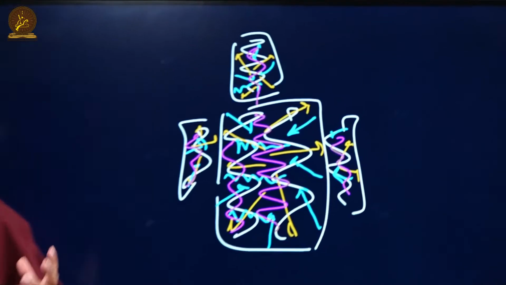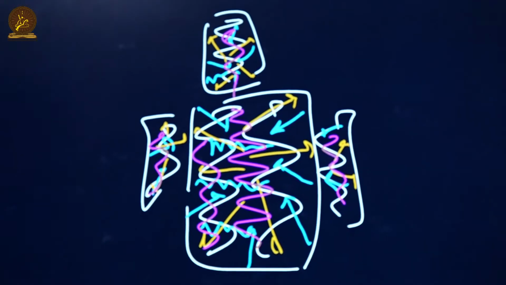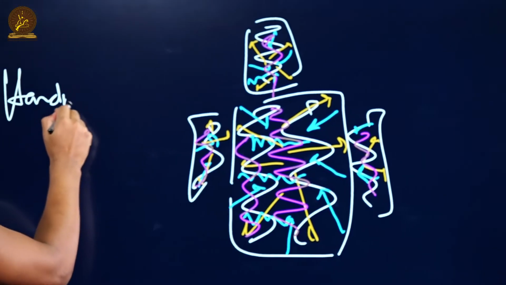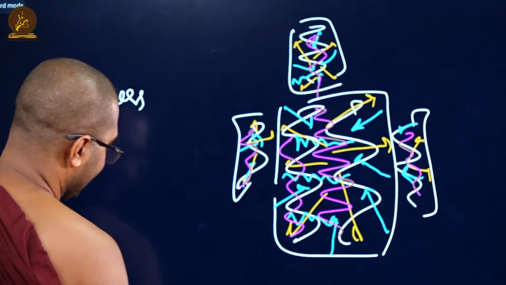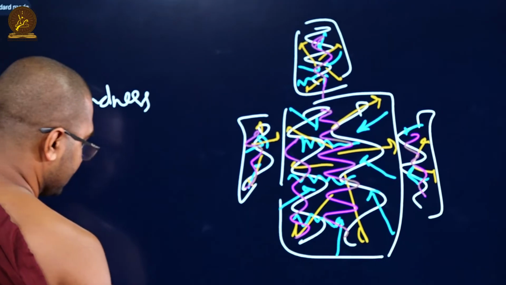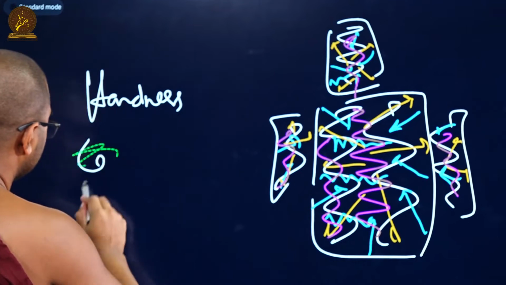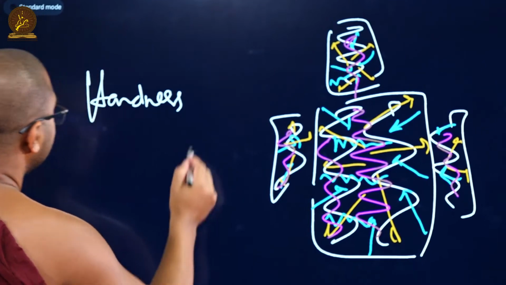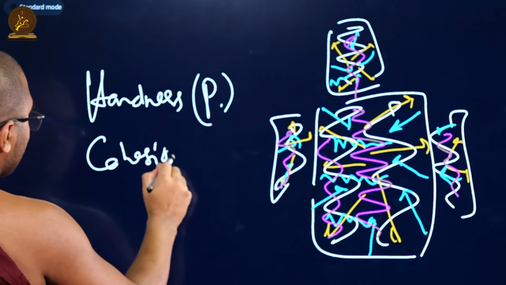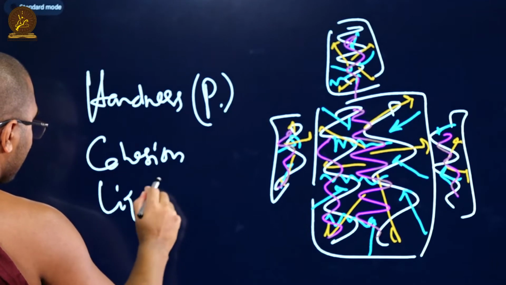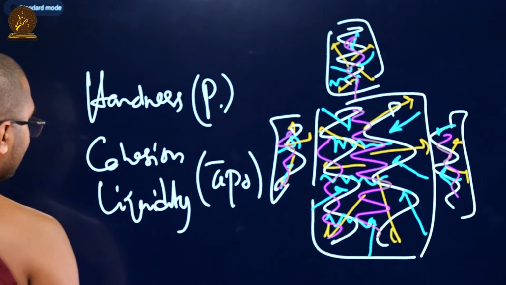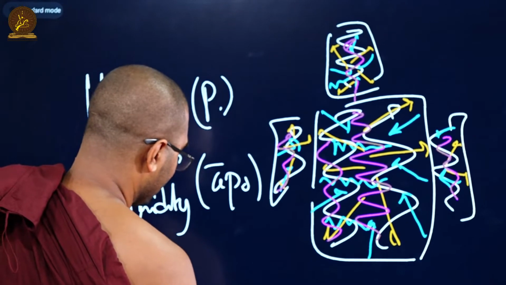When you keep on focusing on these qualities, now if we name them, white color is hardness, then the blue color is cohesion. Hardness is patavi. Cohesion and liquidity, both is apo, right, in blue color, sorry.